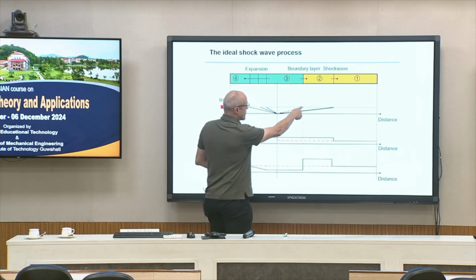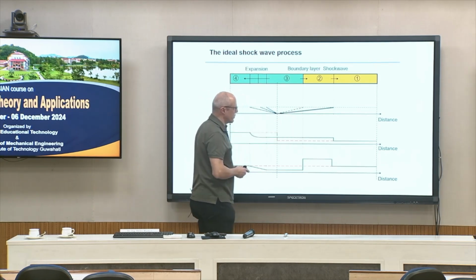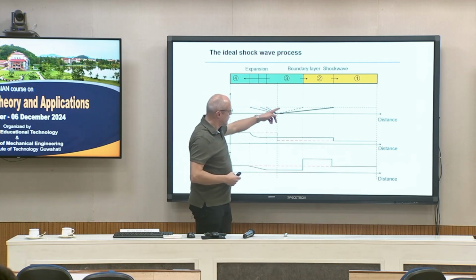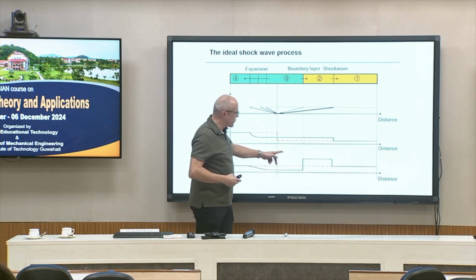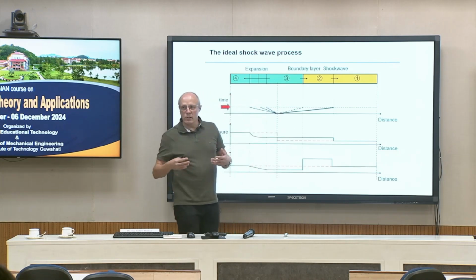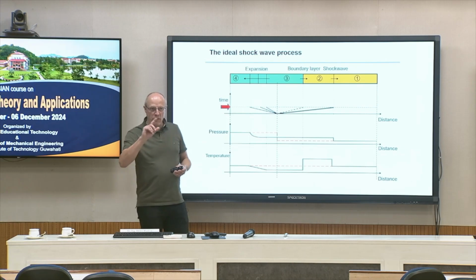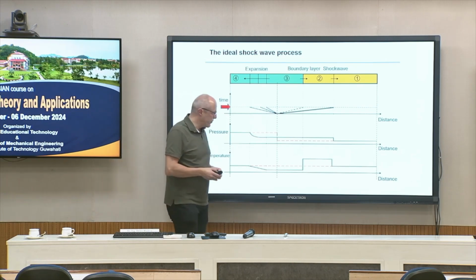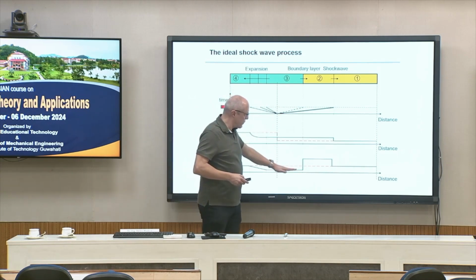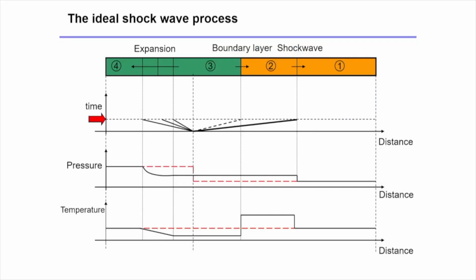Then we have this composition of the shock and the contact surface, and you can see it here in the temperature region. We may have an increased pressure, but here we also have a mixture of the driver gas and the driven gas, so the temperature is already quite low because it's disturbed by the mixing process and so on.